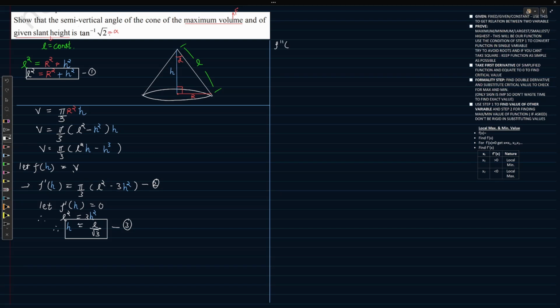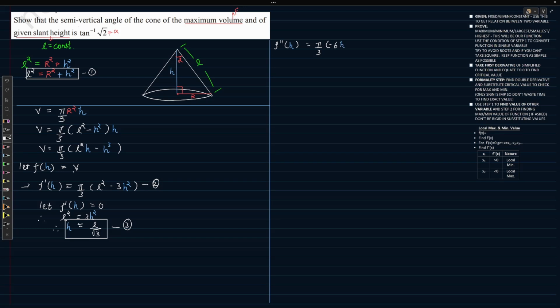F double dash of h: differentiation, pi by 3 will be constant, the differentiation of L square h is 0, minus 3 constant, differentiation of h square is 2h. So the value will be minus 6 into h. H is positive.